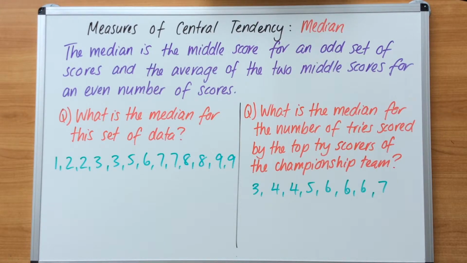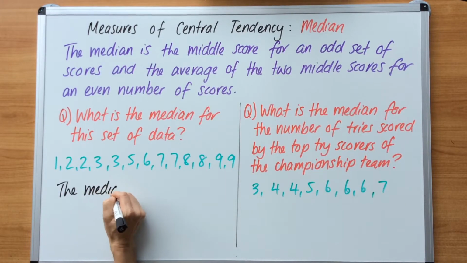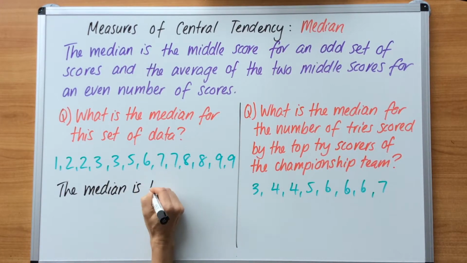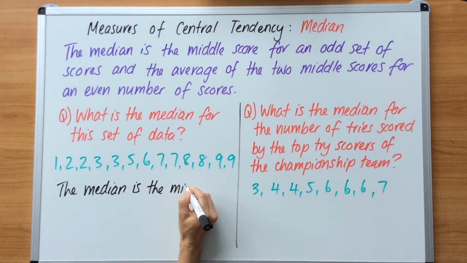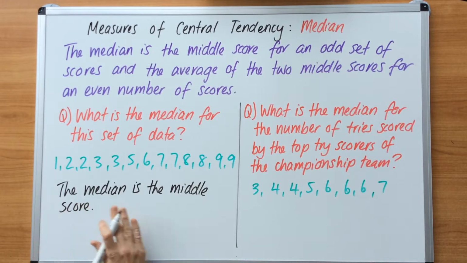And then when you've got that in ascending order, you then cross out the numbers from both ends until you find the middle numbers. Let's have a look at this one here. So first of all, I'm going to write that the median is the middle score, and that shows my rule or my understanding of what I'm talking about.